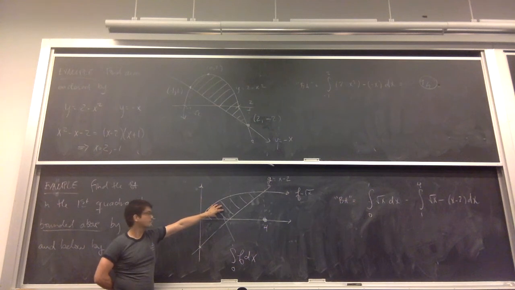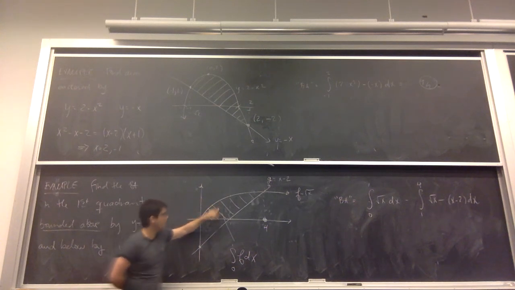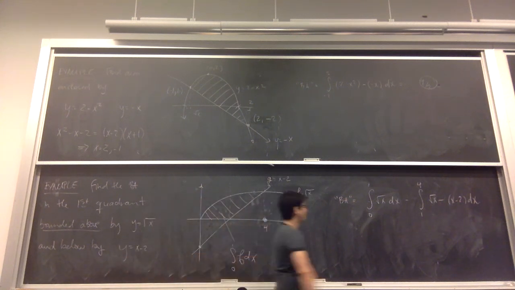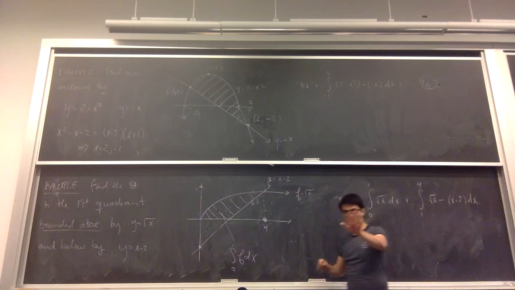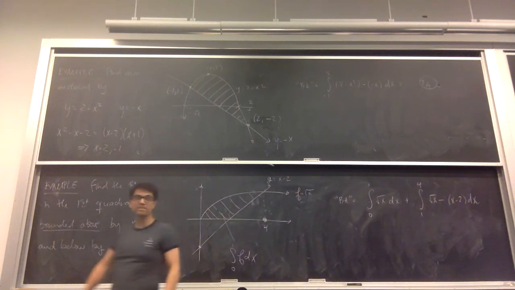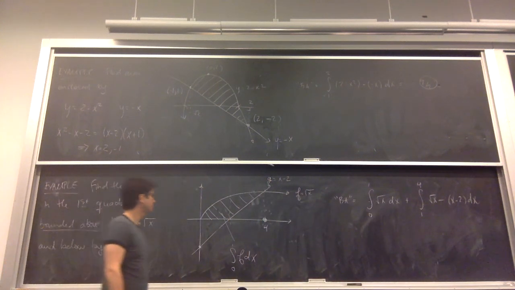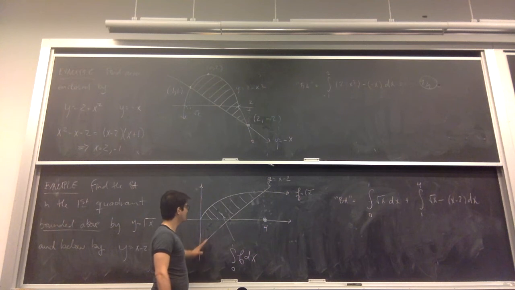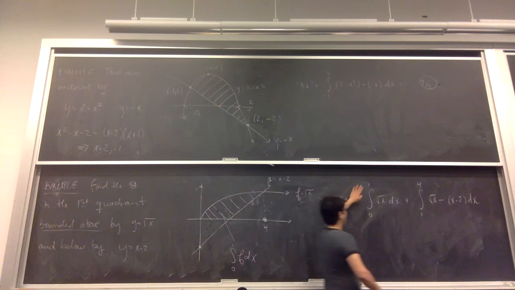So why are we adding them? Because I want this area plus this area to get the whole area. Oh, yeah, sorry. My apologies. How did you get 1 here? Isn't that where this intersects the axis? Did I do it wrong? 2. Oh, 2. Sorry, guys.